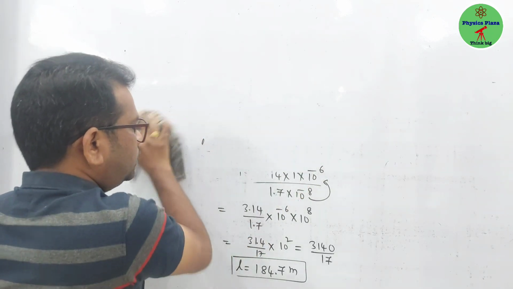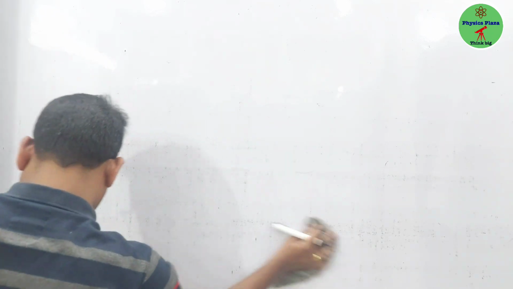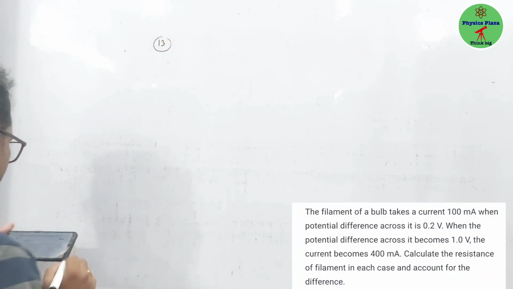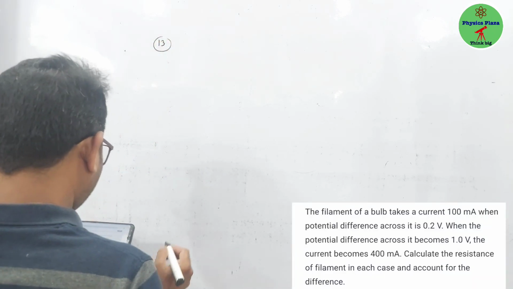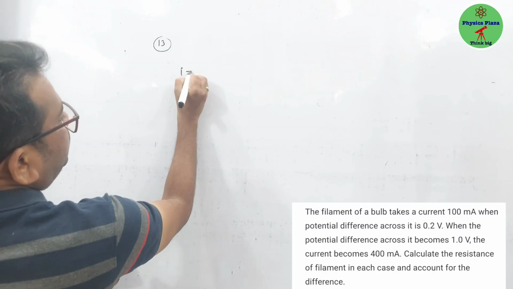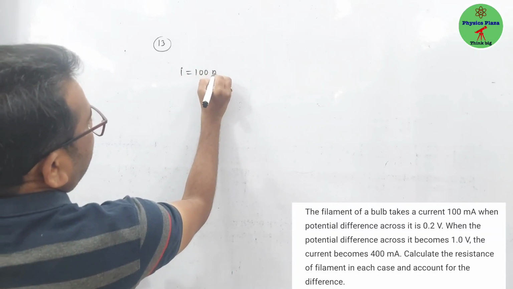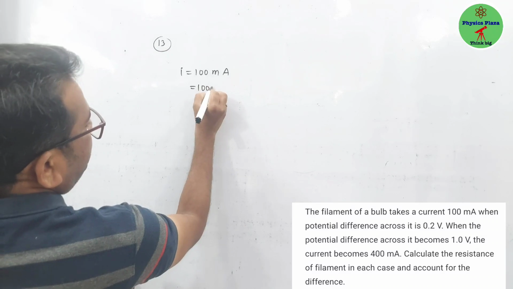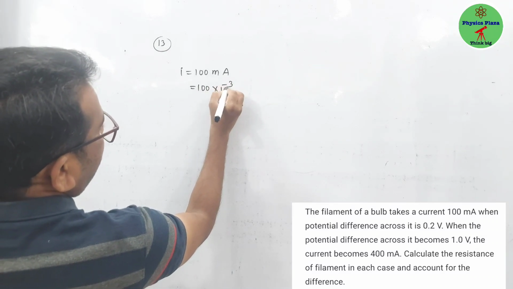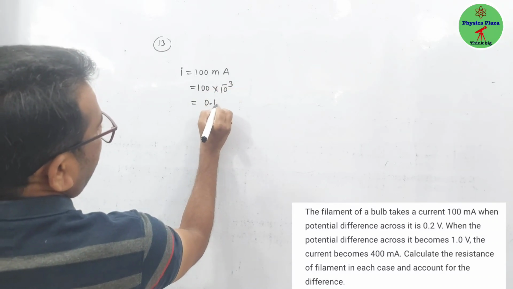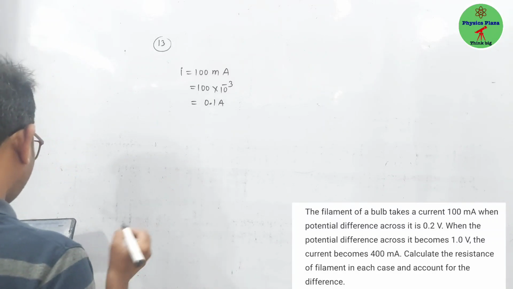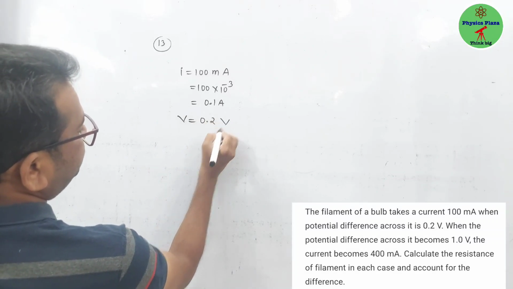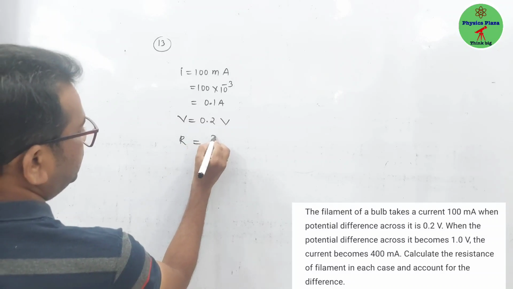Now here is the last numerical, the 13th numerical. It is given that, children, a filament bulb takes 100 milliampere current. So this can be written as 100 into 10 power minus 3, which is nothing but 0.1 ampere. When a potential difference of 0.2 volt is applied, they are asking us to find the resistance.